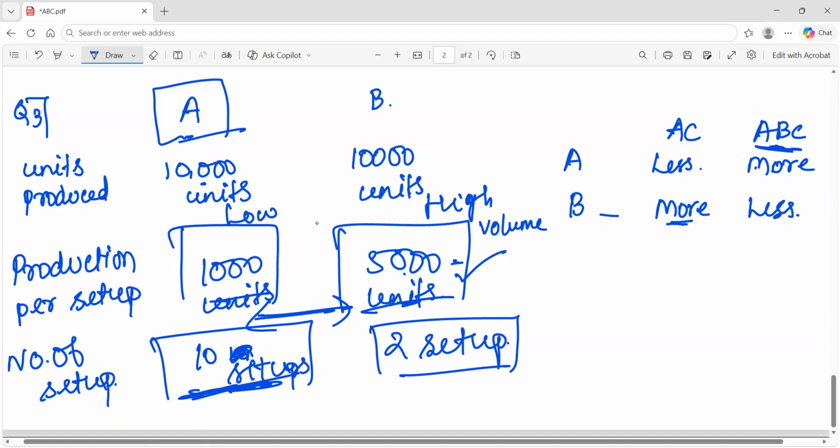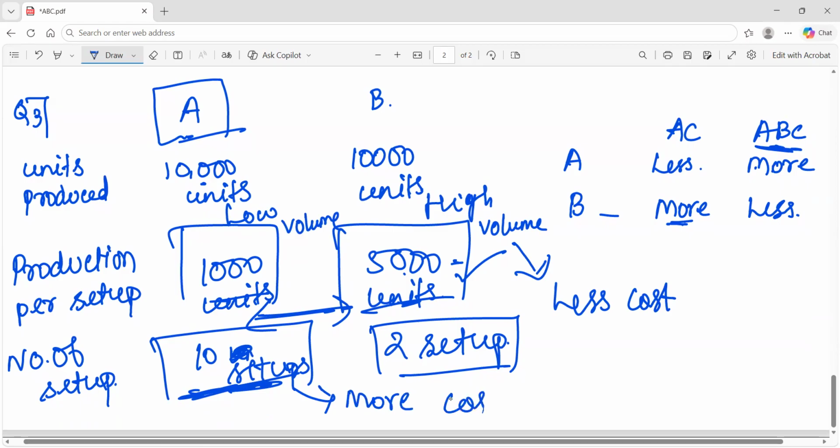So what will happen is the high volume product will have lesser cost under activity-based costing, and the low volume product will have more costs under activity-based costing.